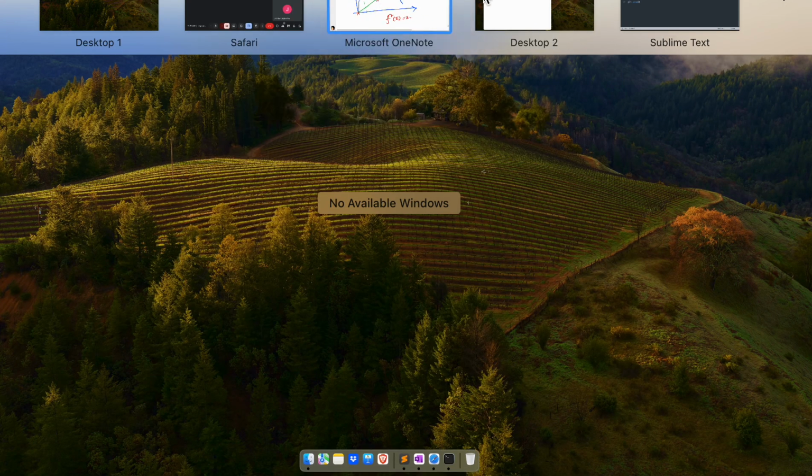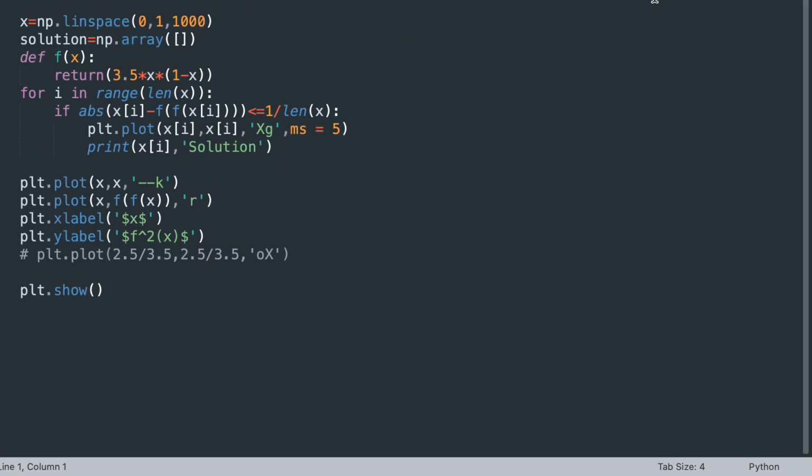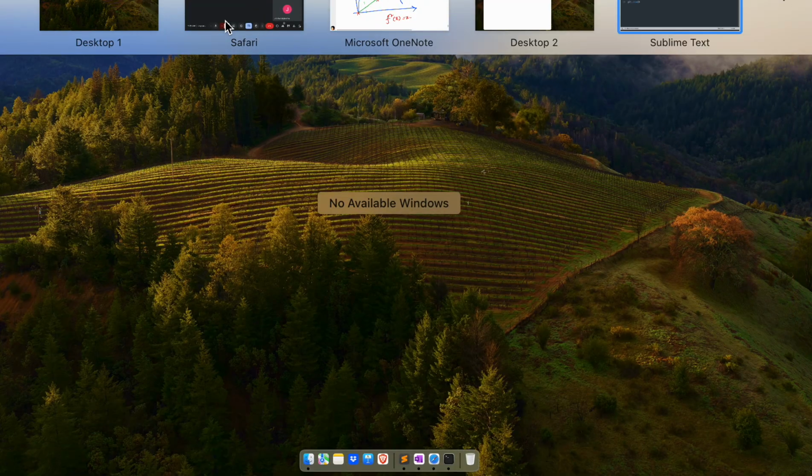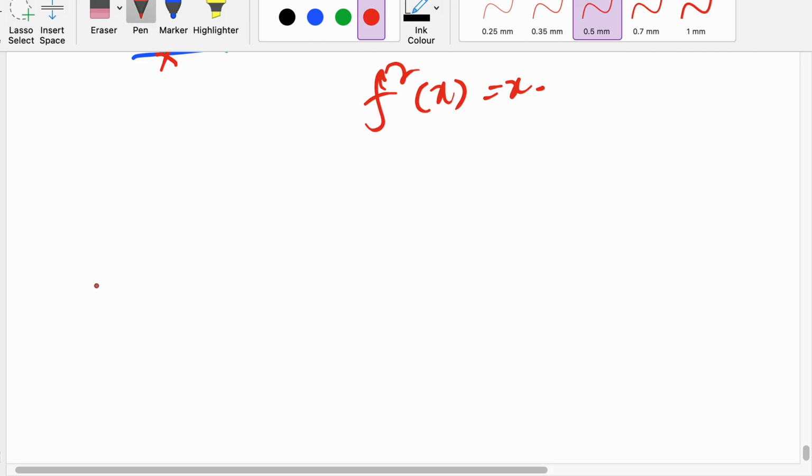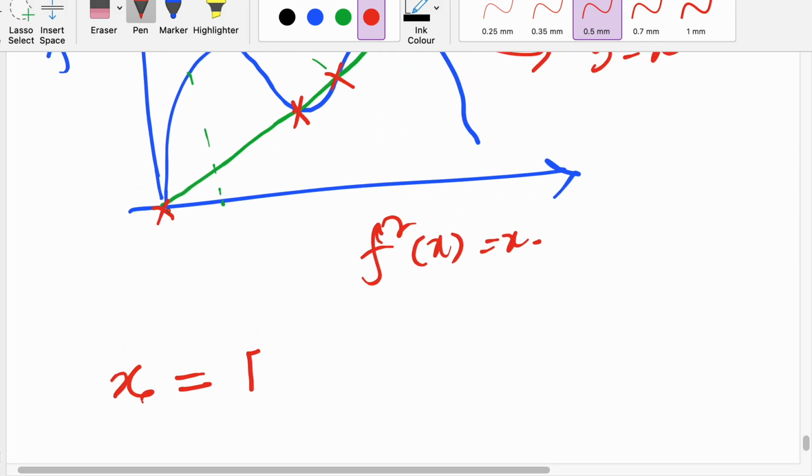So basically in the code, this is a simple code, I am doing nothing special. First of all I have an x which contains the x values.